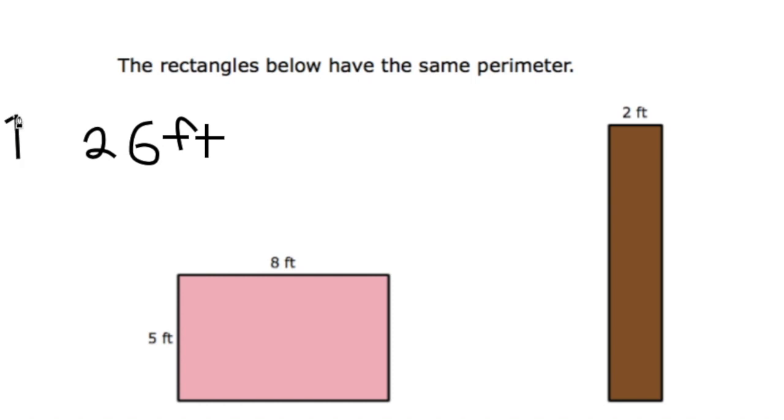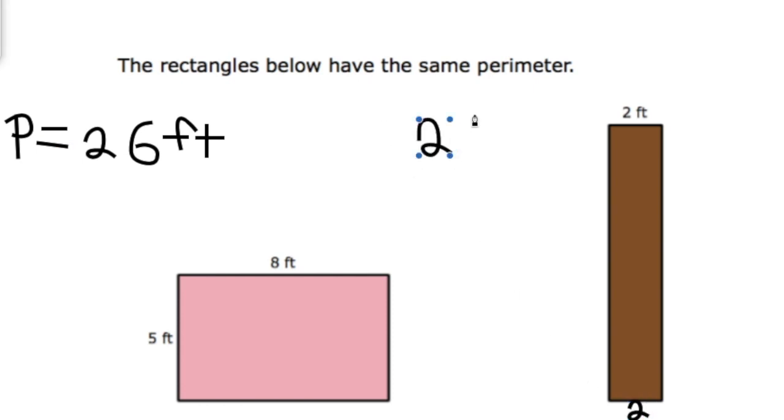Let's see if we can find the missing length for the brown rectangle here, knowing that we have a perimeter of 26. So we can take 26 and minus 2 for this side and 2 for this side because we know that they are the same length.